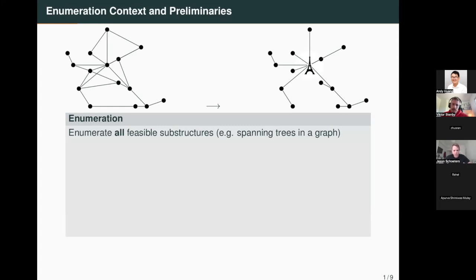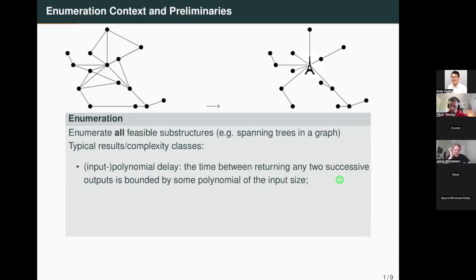For example, spanning trees in a graph. And some kind of typical results and corresponding complexity classes are as follows. So one complexity class, which is usually regarded as quite efficient and quite a positive result, is polynomial delay. So this is to be understood as input polynomial, so polynomial with regards to the size of the input, whereas afterwards we'll see other kinds of polynomials.